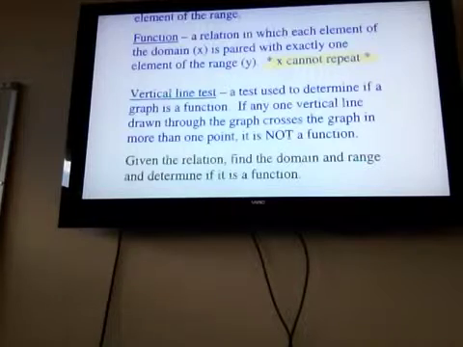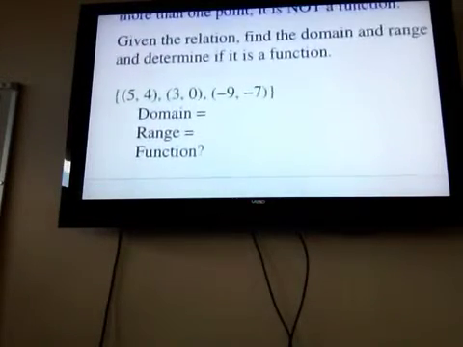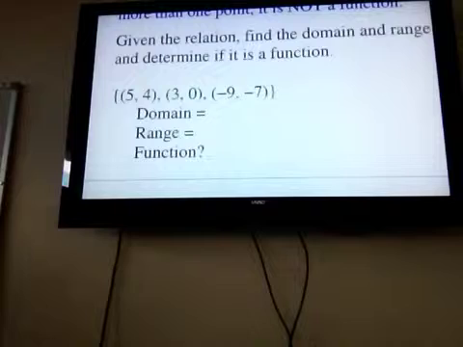All right. So given this relation, (5, 4), (3, 0), (negative 9, 7). I want to know from that, what is the domain, what is the range, and is it a function? So my domain is the set of x's.